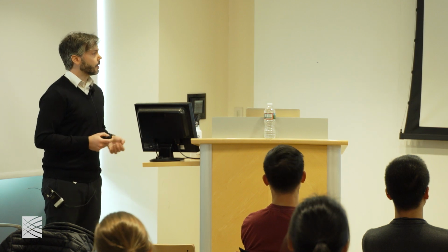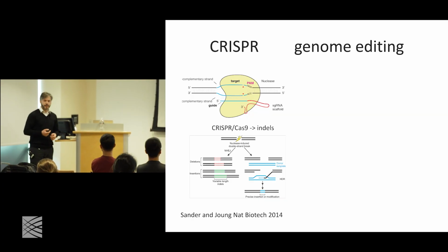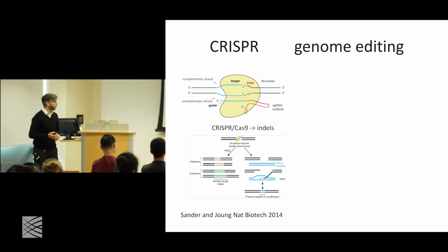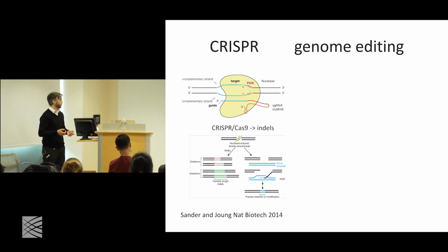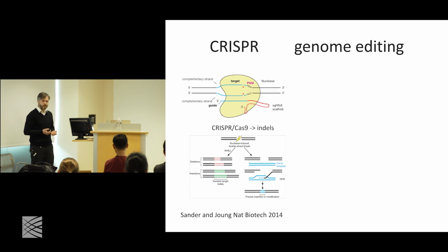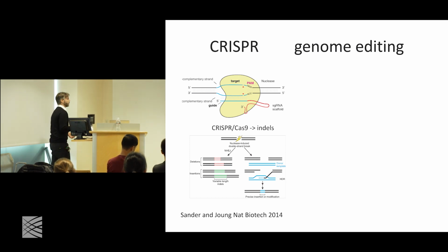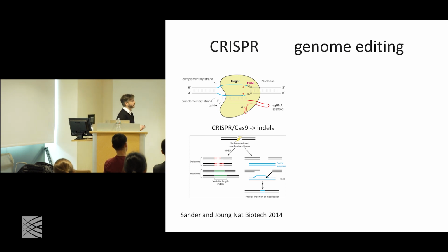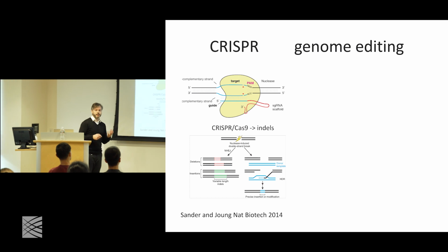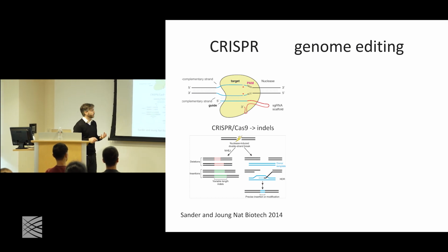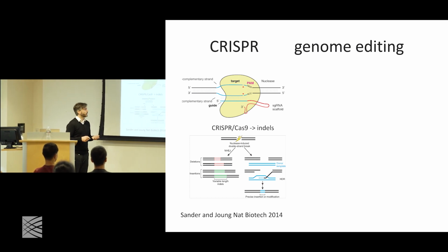So the first story is about CRISPR tiling screen. I just want to introduce the basic ideas. I'm sure many of you have heard about CRISPR genome editing. It's a system where you have a protein called Cas9, and then you have a guide RNA. Essentially, you can target this system almost anywhere in the genome.